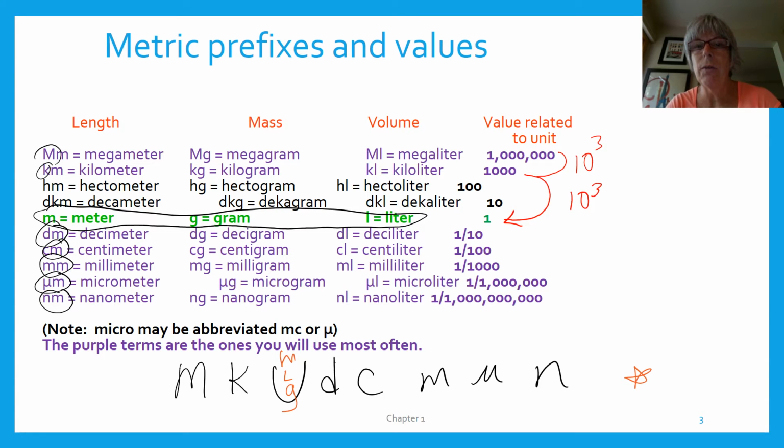But then going from the units to deci to centi to milli, each is 1 decimal place, 1/10th, 1/100th, 1/1000th. When we get to micro, again, it's a jump of 10 to the third. In this case, it's really 10 to the negative third, but it's a 10 to the third difference in multiplication and value, and then another 10 to the third change here.